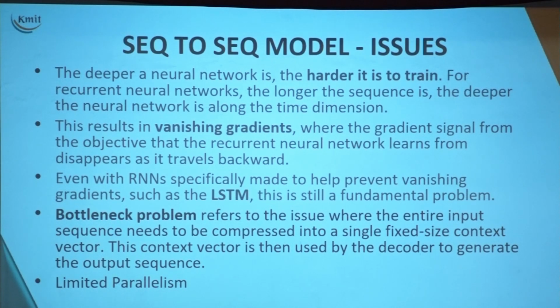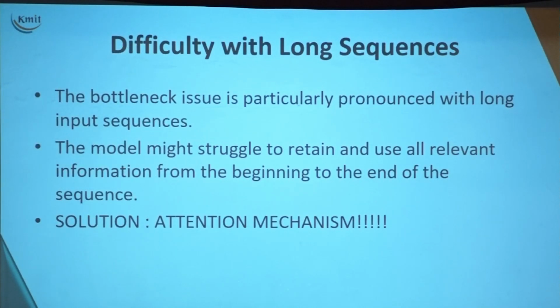So all these were a few issues present with sequence to sequence modeling. Now, the bottleneck issue, as I already told you, is particularly pronounced with long input sequences wherein the model might struggle to retain and use all relevant information from the beginning to the end, because it will work sequence by sequence. So for that, what is going to happen?